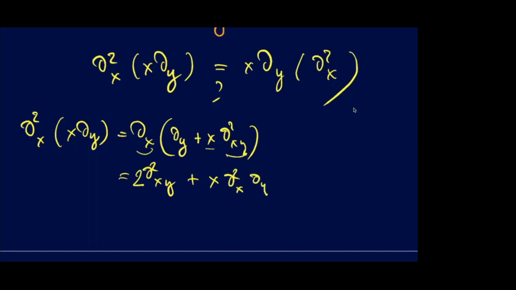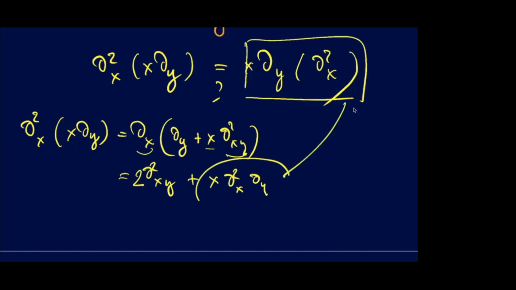And when I do the other order, what I get is simply x dy, the second derivative in x. So the gap is here, right? This is precisely what Ma was writing, 2 times the derivative in x times the derivative in y, right? Thank you, Ma.